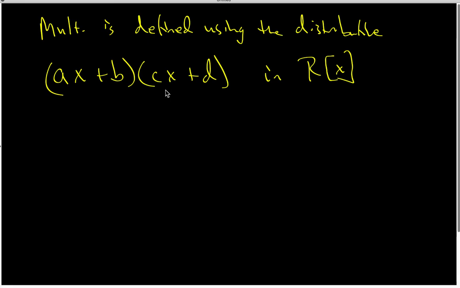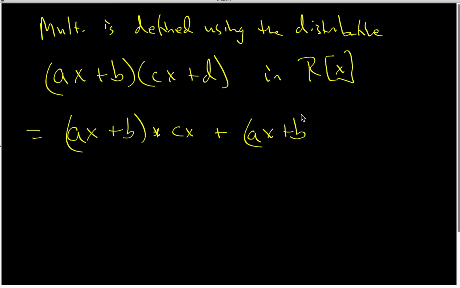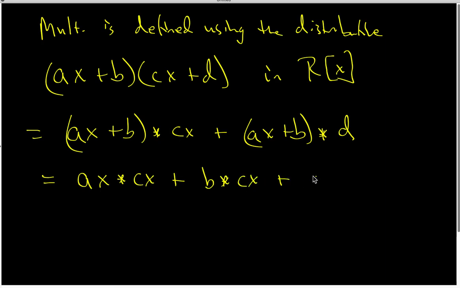First of all, we fix an element on the second part, and we rewrite this as (ax plus b) times cx, and then (ax plus b) times d, and then we do the distributive law a second time. We have ax times cx plus b times cx plus ax times d plus b times d.